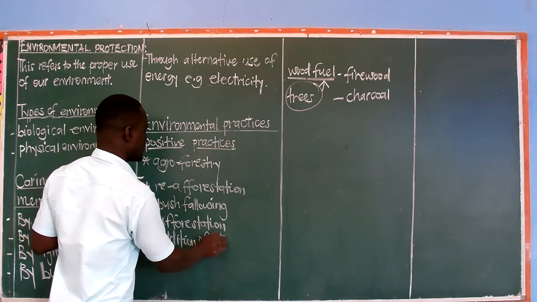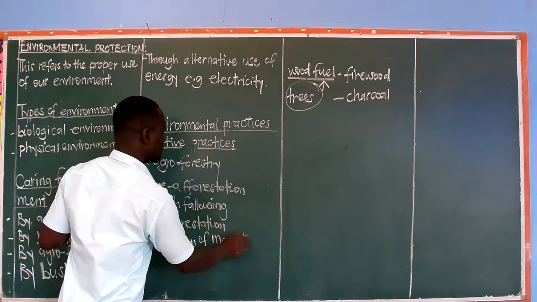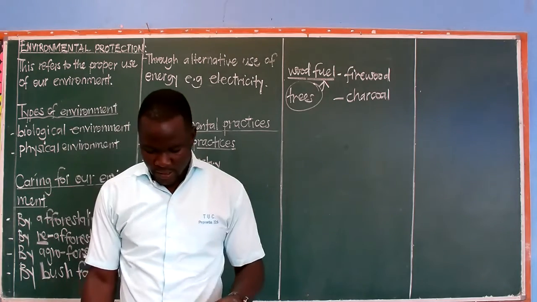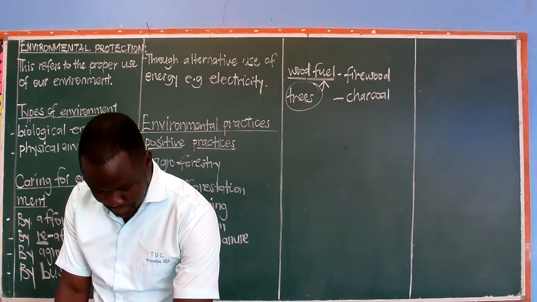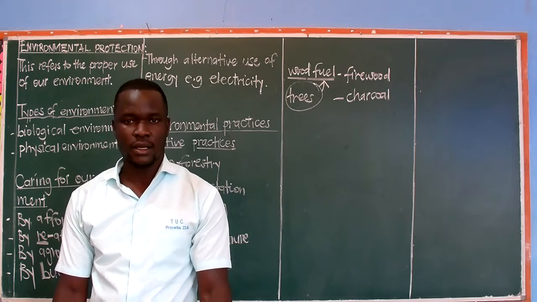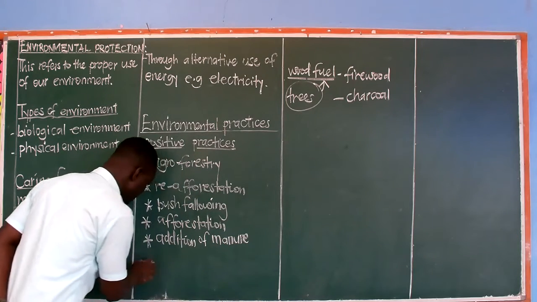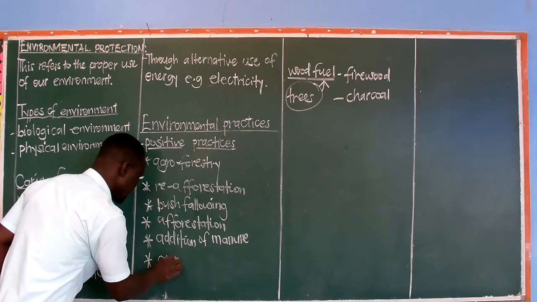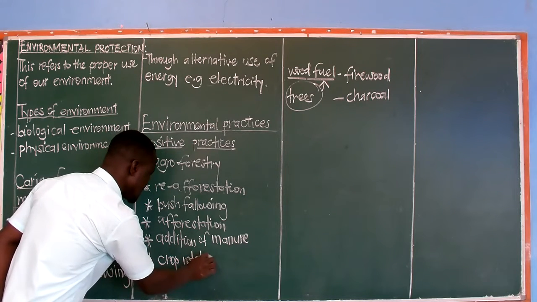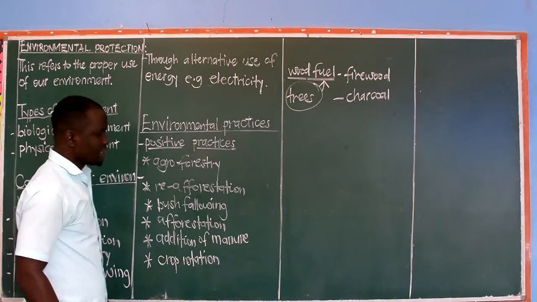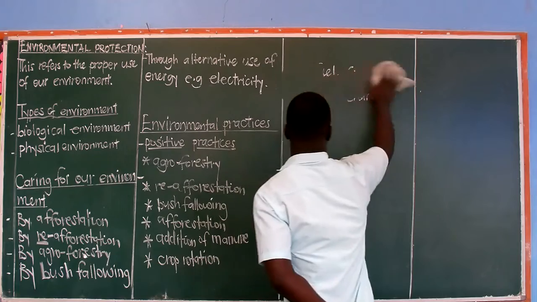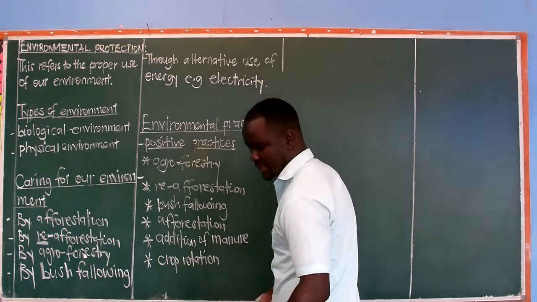That is now under what we call manure. Addition of manure to the soil. We have crop rotation. By the way, you have not put crop rotation. We say this one also helps the garden to continue being fertile.